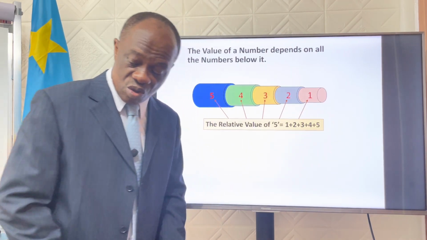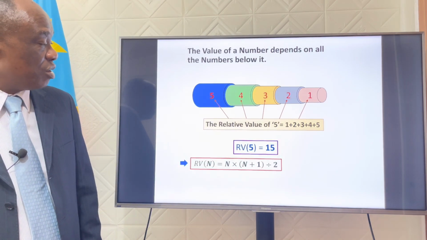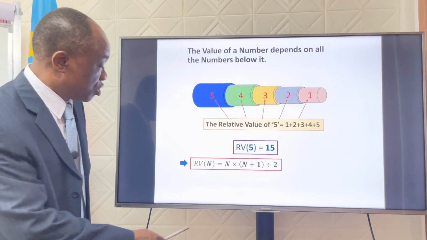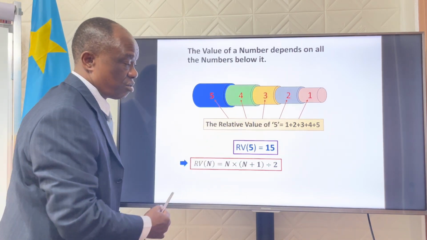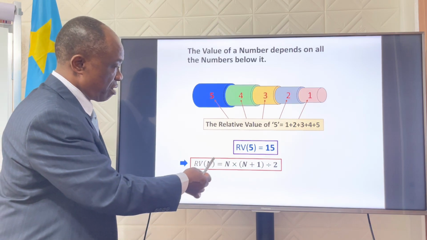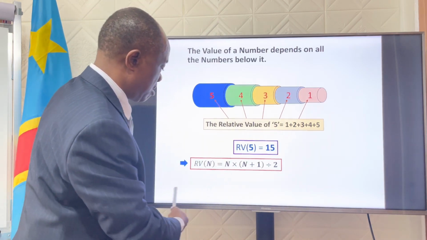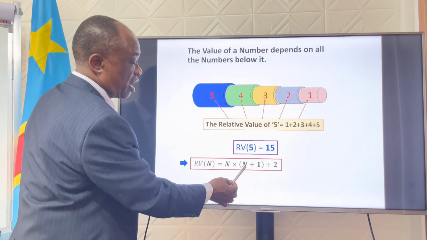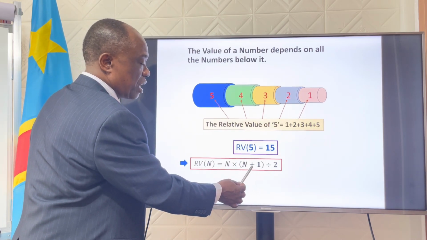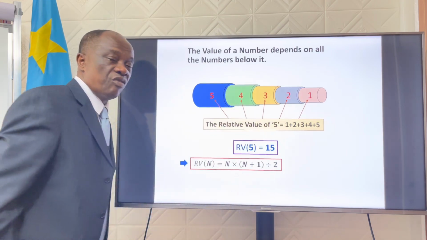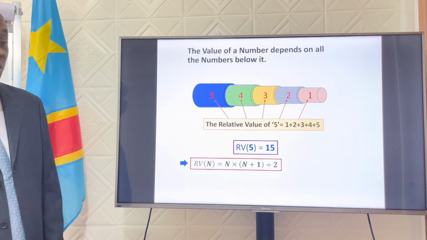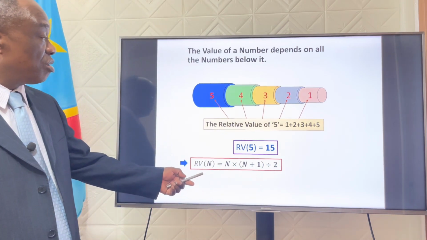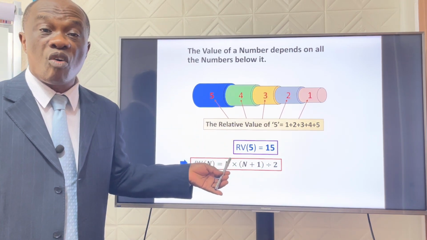And that's 15. To calculate this, you see 15 equals 5 times 5 plus 1 divided by 2. So this is the formula for the calculation of the relative value of a number.